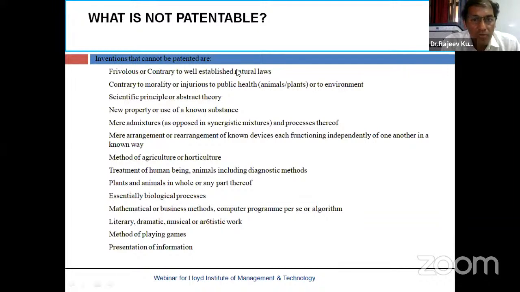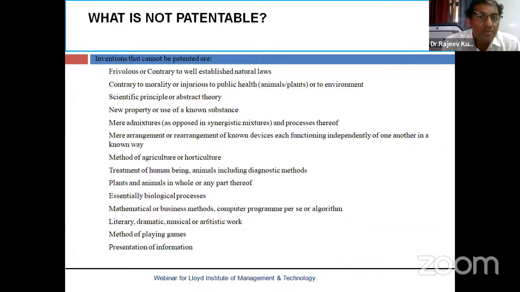Natural laws means the law of gravity, law of... आप बोलते हो कि एक ऐसी मशीन है कि जो gravity को खत्म कर देती है, तो that is not possible, and that we would regard that invention as frivolous. So the thermodynamic laws, the laws and theories of evolution.